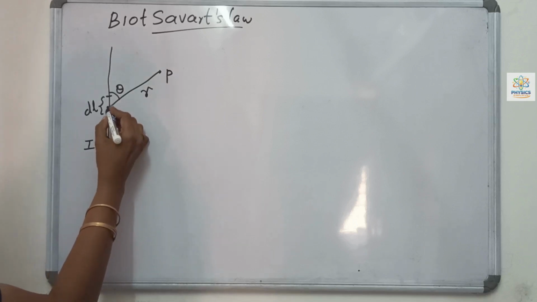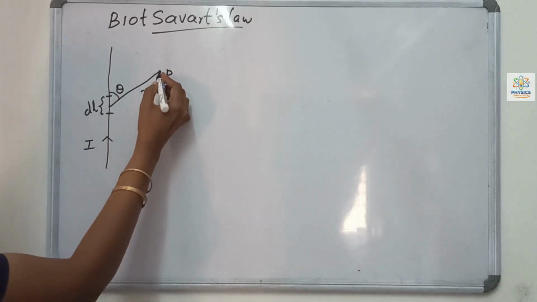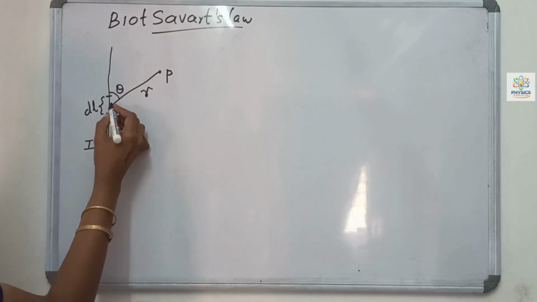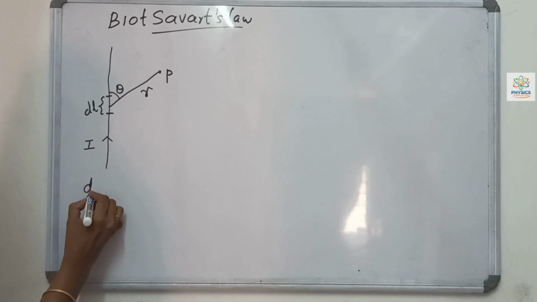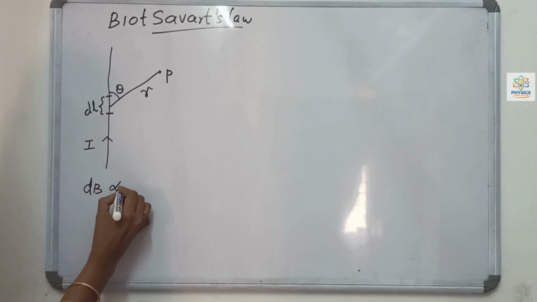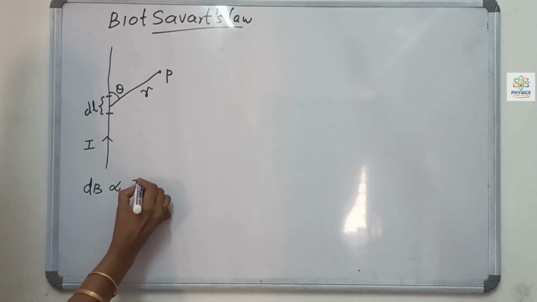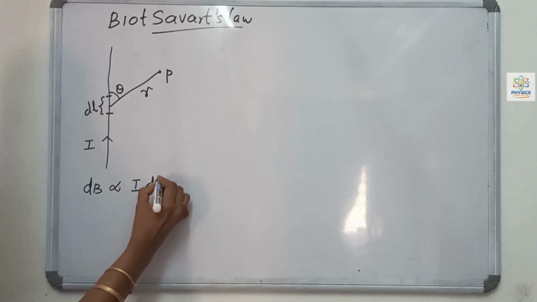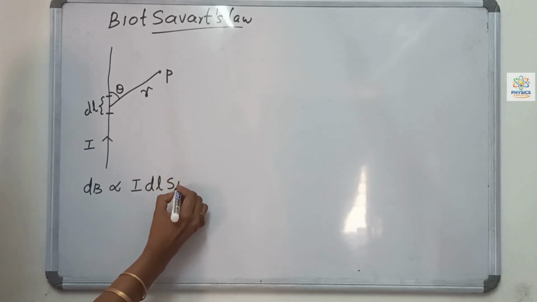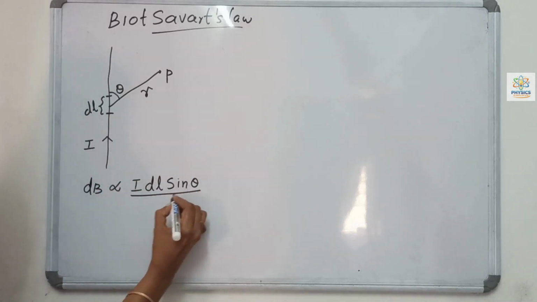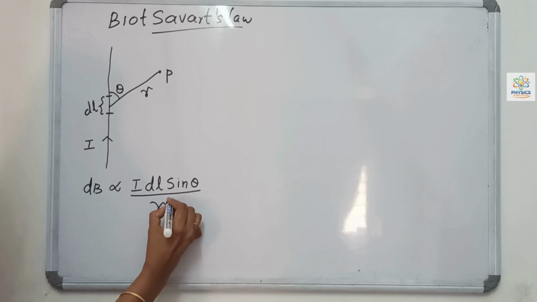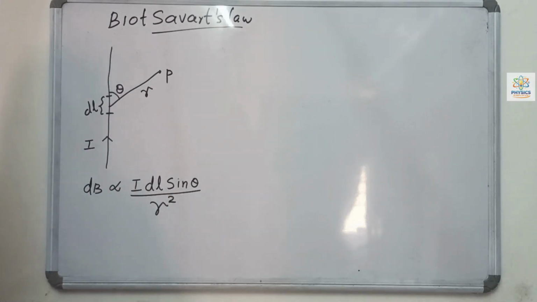So here the magnetic field intensity at the point P due to this smallest element is directly proportional to the strength of current, the length of the element and sine of the angle theta, and it is inversely proportional to the square of the distance between the point and the element.